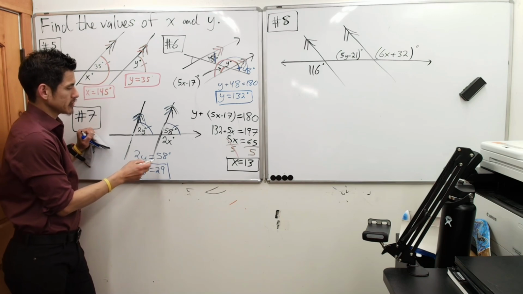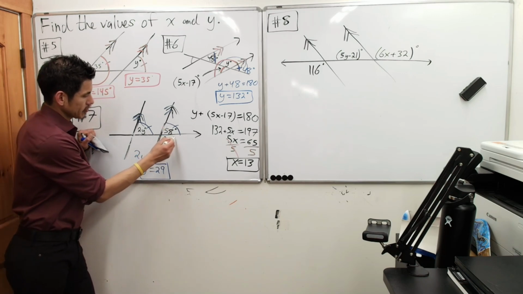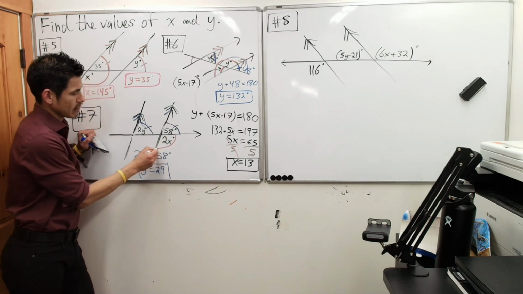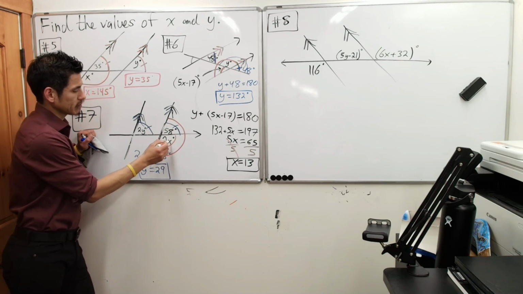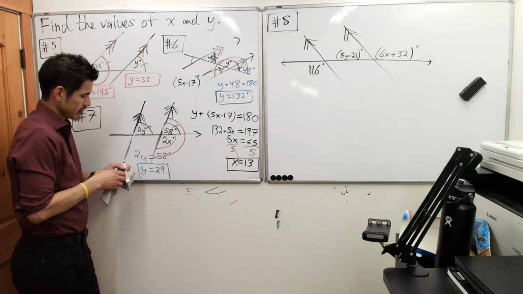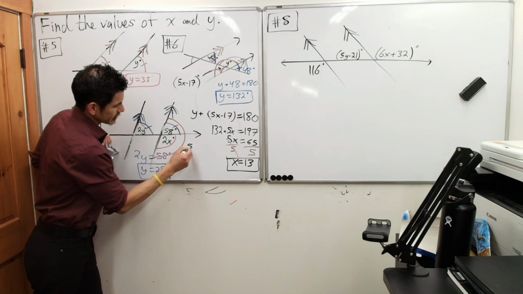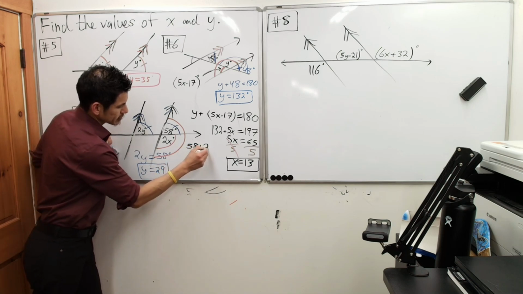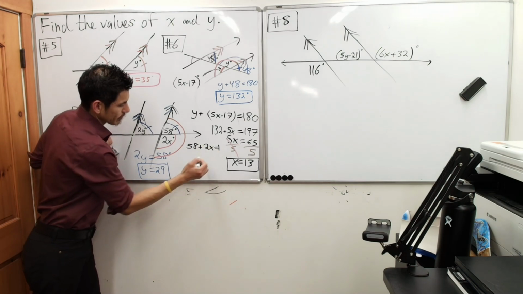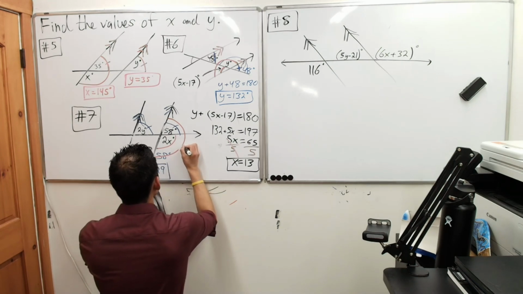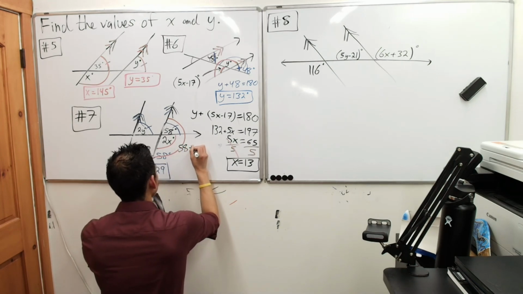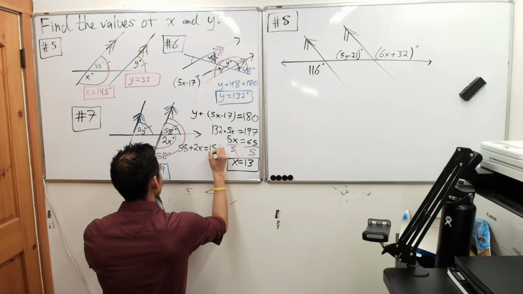Now, y is 29 degrees, and 2x is on this side here. But we also know, again, that this whole angle, 58 plus 2x, is 180. So we can go ahead and solve this. 58 plus 2x is 180.